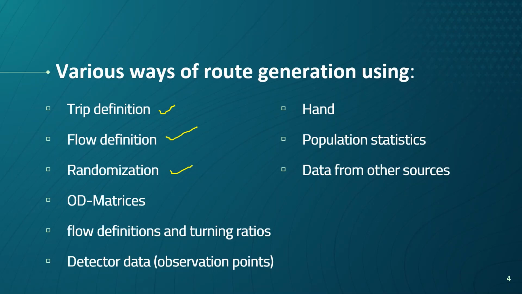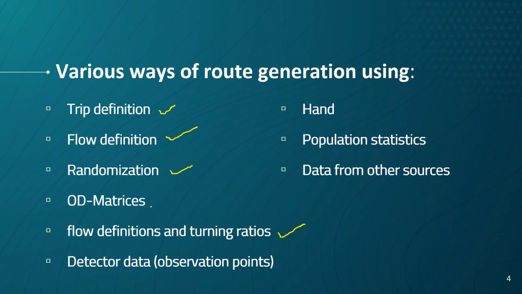They have to be converted to trips using the OD2TRIPS program within the SUMO package. Next, we can use flow definitions and turning ratios. You may also leave out the destination edges for flows and use turning ratios at junctions instead. You can use JTRROUTER for doing this.